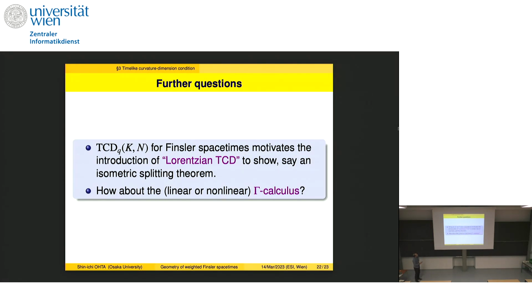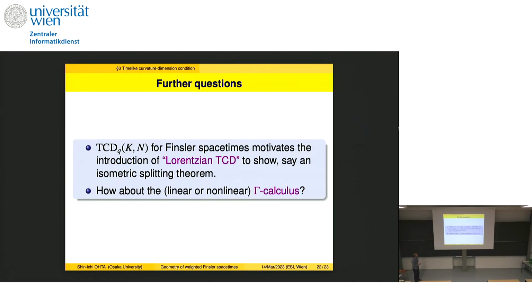As we showed for Finsler spacetimes, we still have the timelike curvature dimension condition. Then if we want to show some splitting theorem, an asymmetric splitting theorem, we need to introduce some Lorentzian condition, say the Lorentzian timelike curvature dimension condition. I think this is a natural direction, and perhaps in the next workshop someone can talk about this.